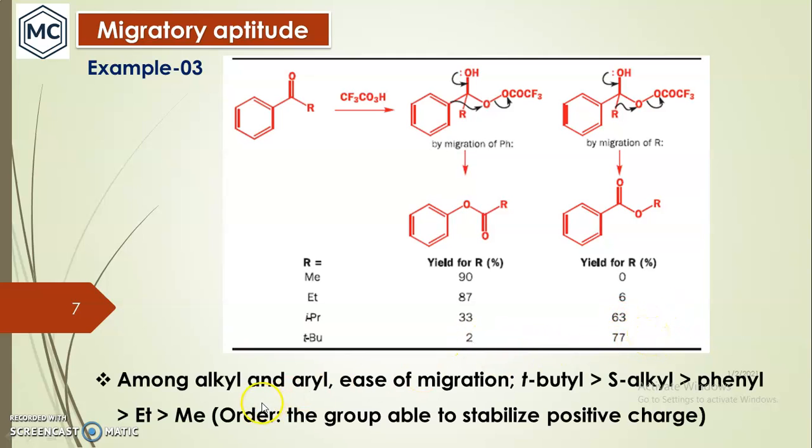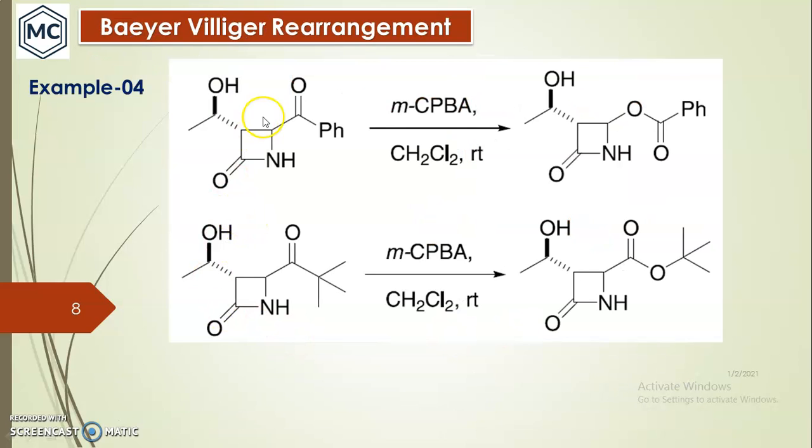So you can see that among alkyl and aryl, the ease of migration is: tertiary butyl, having more donating capacity, then substituted alkyl, then phenyl, then ethyl and methyl. That means the group able to stabilize the positive charge has more migratory aptitude. In another example, phenyl and an electron donating group are here.